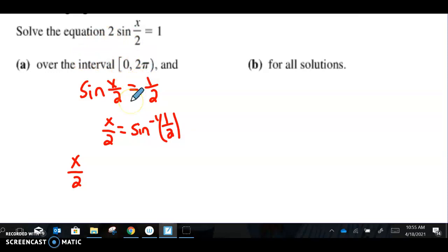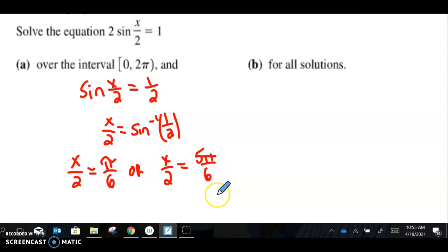That's one of the answers, 30 degrees or pi over 6, but it doesn't give you the other answer. You have to think to yourself that there are 2 places where the sine is a half: at pi over 6 and also at 5 pi over 6.